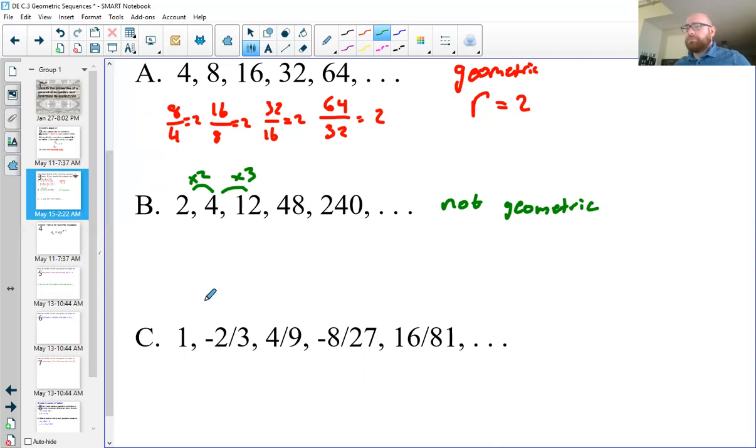So for number 3, we are starting with a sequence of fractions. If I rewrite this just slightly, it's 1, negative 2 over 3, 4 over 9, negative 8 over 27, and then lastly 16 over 81.